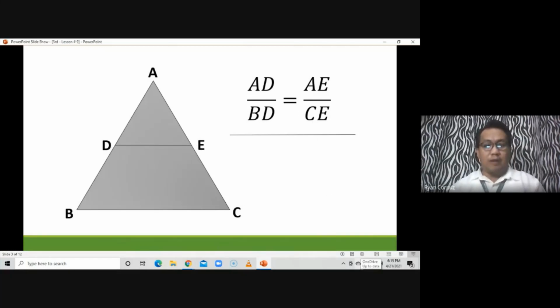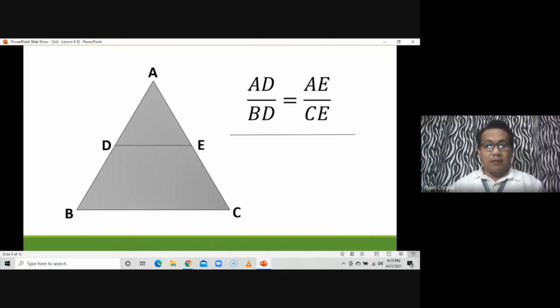So we can form a proportion as AD over BD as the first ratio, then AE over CE as the second ratio.